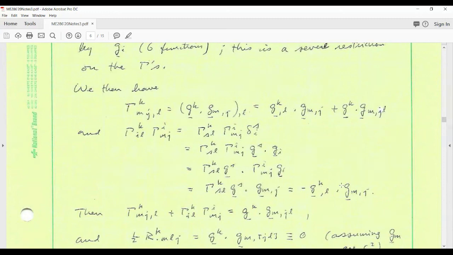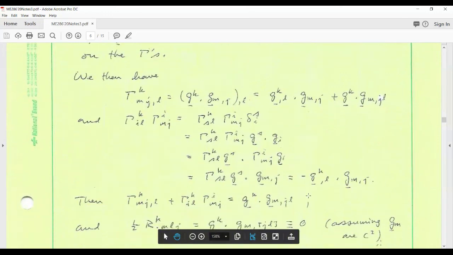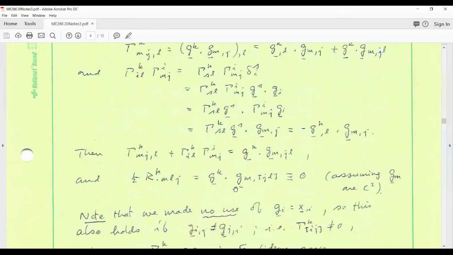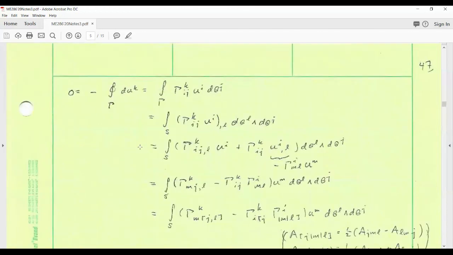The reason I've gone through this exercise is because now I notice that if I add these together, as required in the definition of the Riemann tensor, this will annihilate that, and we'll just be left with that. So add them together, we just get this last term here. The Riemann tensor is the skew part of this with respect to J and L, from the previous page.